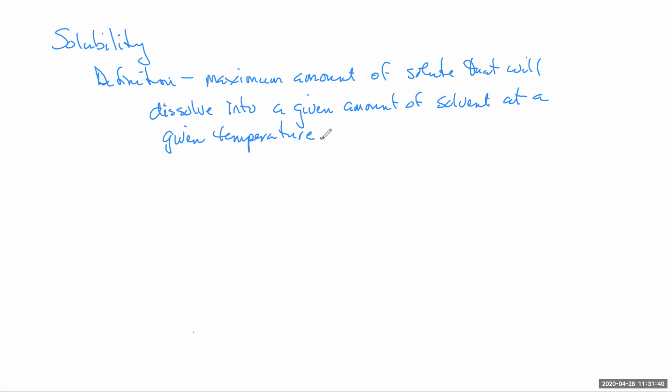So talking about what's the most solute I can get to dissolve into a certain amount of solvent. And there's a couple of different factors that affect this. The factors that affect solubility is obviously temperature, because it's right in the definition.